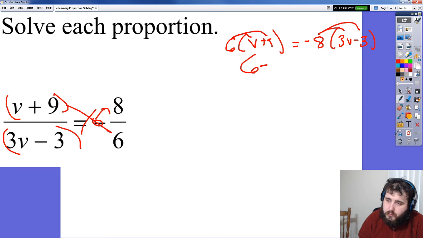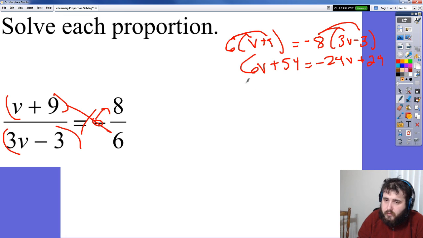It's supposed to be a V. 9 times 6 is 54. Negative 8, so we got negative 24V plus, because two negatives make a positive, 24.